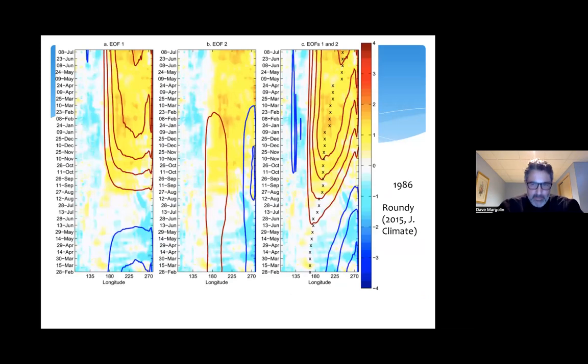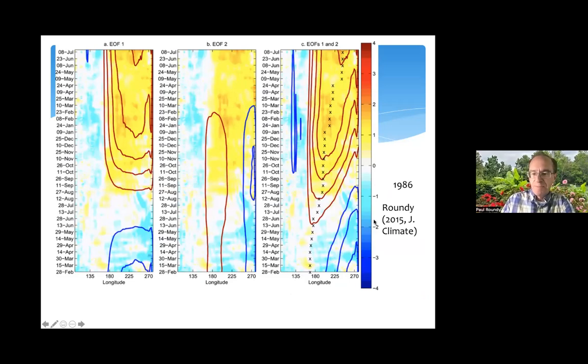Thank you. Yep. So here, this is from one of my papers in the Journal of Climate in 2015, showing the 1986 El Nino event development in longitude and time, shaded in sea surface temperature. The shading in each one of these panels is identical, but the contours represent specific things.